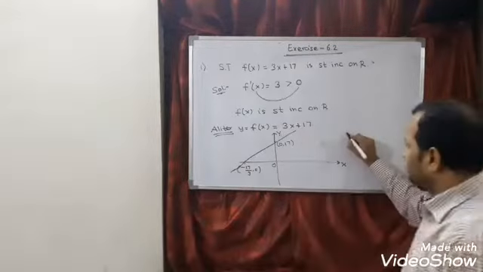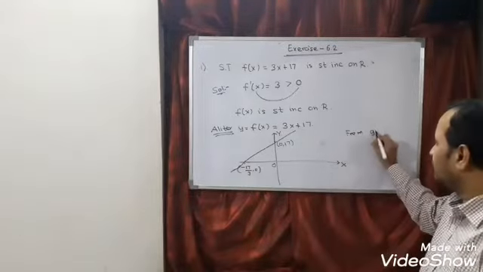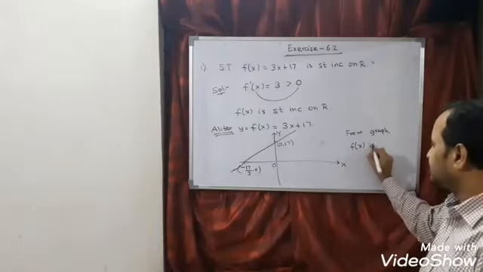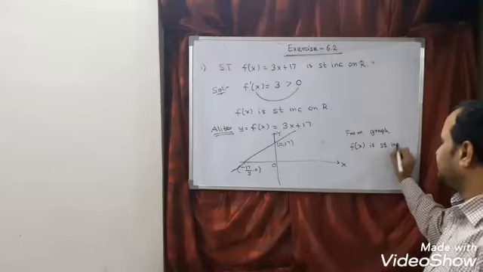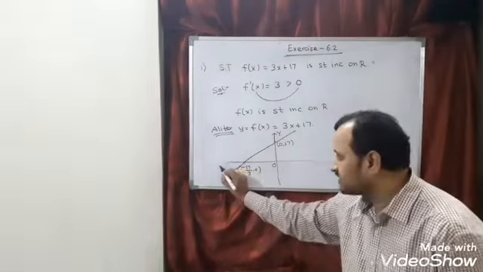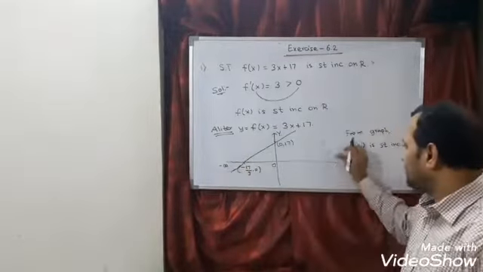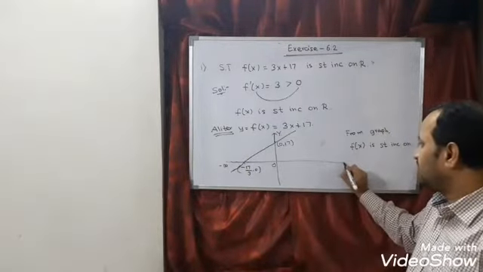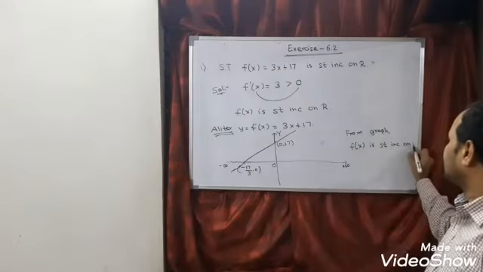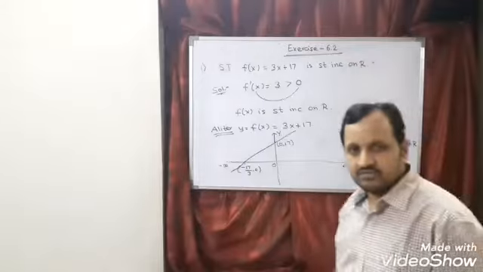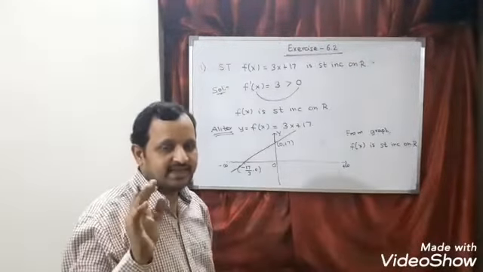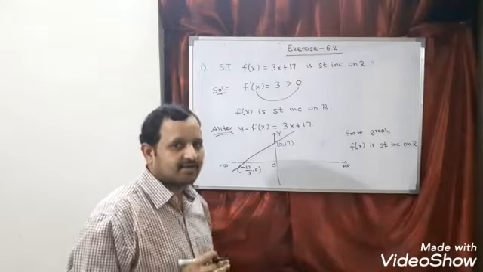So from the graph, we can say that f of x is strictly increasing on minus infinity to plus infinity, I can say R. Last class I told you, increasing and decreasing character we have to discuss in an interval, not at a point.